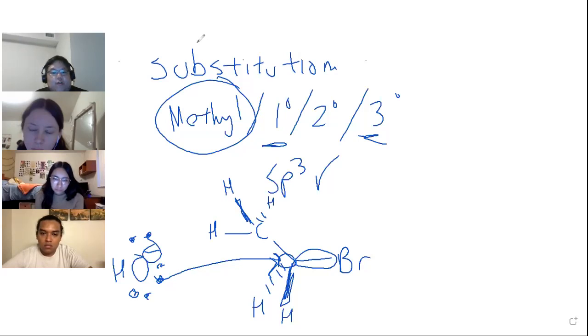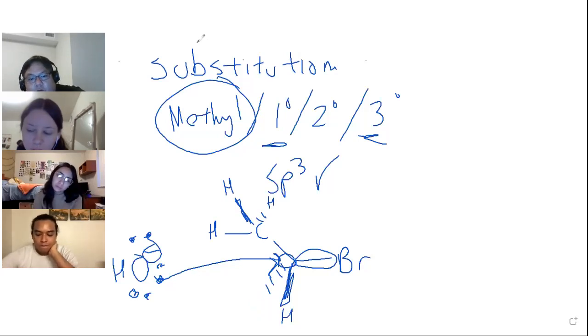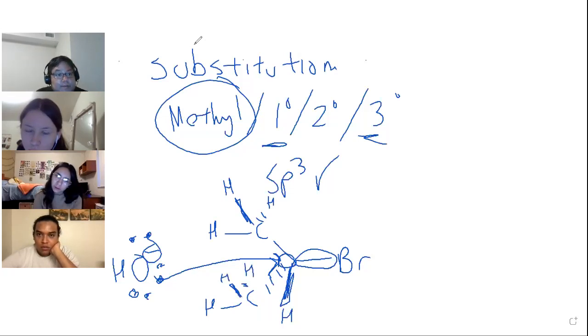Is it more crowded in there now, or is it less crowded? More crowded. It's more crowded in there. And so then what's happening to that space that I can come in and attack now? It's being reduced. It's harder to get in there, right?